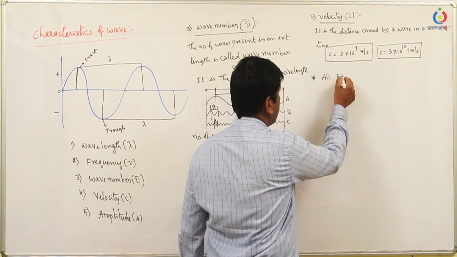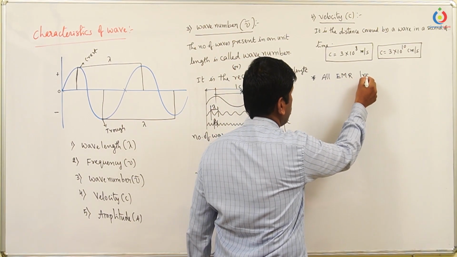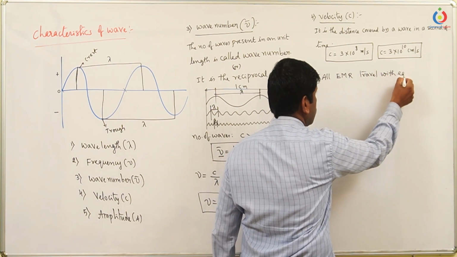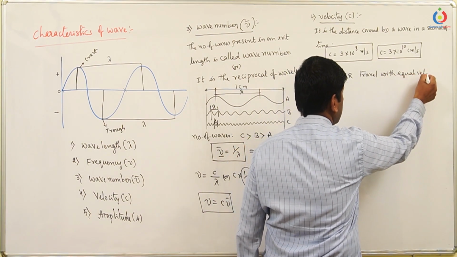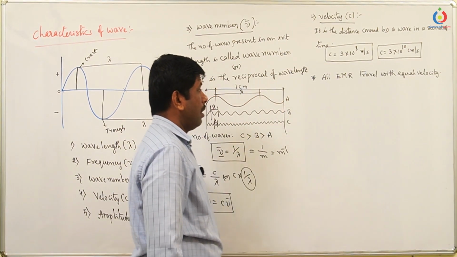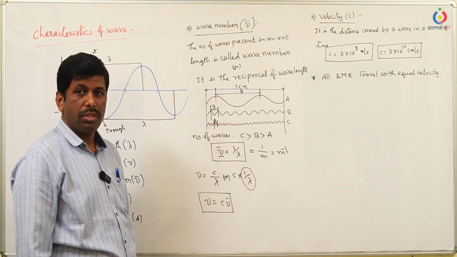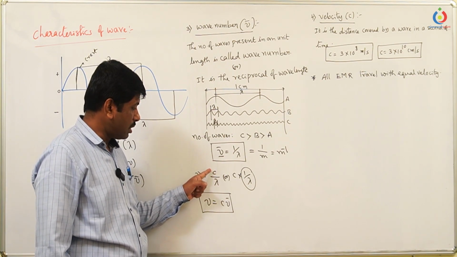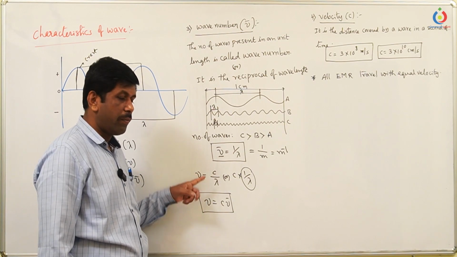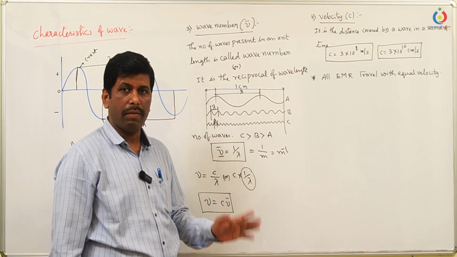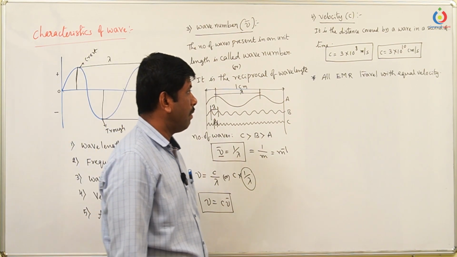That means velocity of light or of electromagnetic radiation is always constant. Since it is constant, it does not depend on either the frequency or wavelength of the electromagnetic radiations. Whatever it may be, it travels with the same velocity.